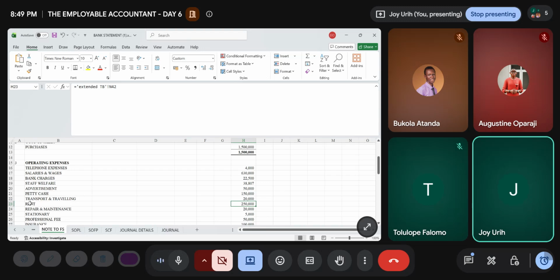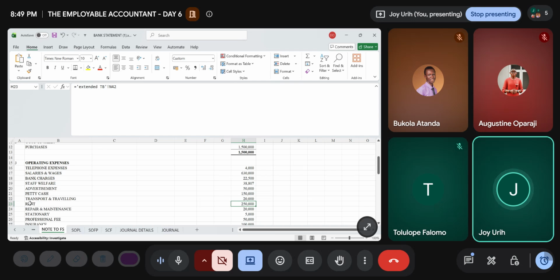And remember your matching concept. You have to recognize expenses that are within the period that you are preparing financial statement for. So if, let's say, you are preparing financial statement for 2024 and your rent extended to 2025, you cannot recognize the whole of that rent in 2024.